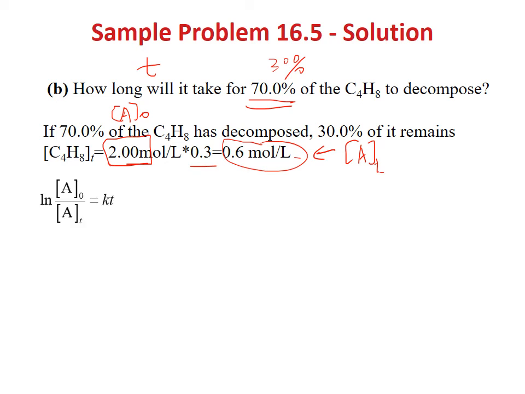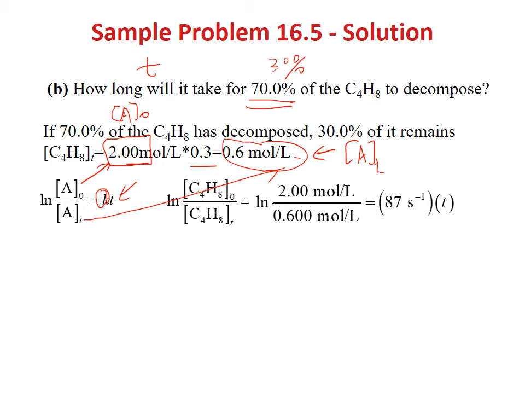Here is the integral rate law for the first order reaction. In this case, we know k, we know the initial concentration, and we know the final concentration. We want to calculate time. Let's plug in the numbers. ln of 2 divided by 0.6 is the left side.